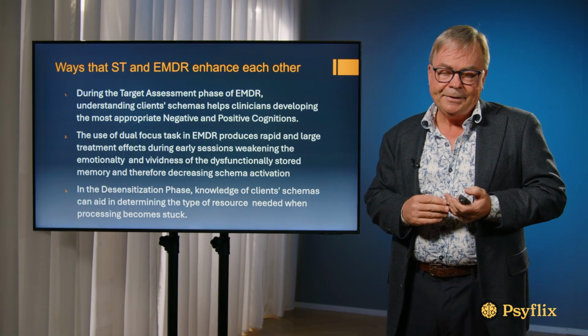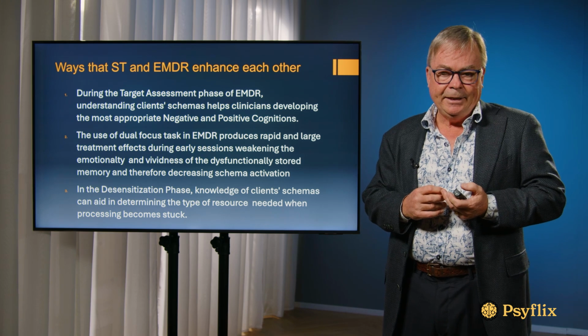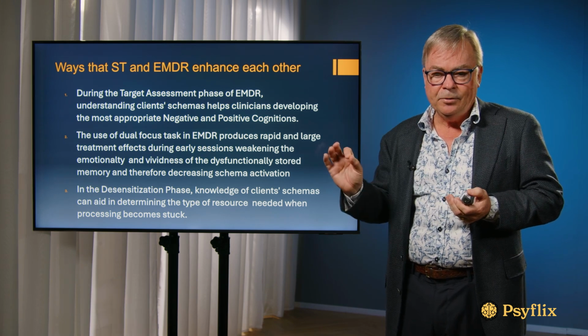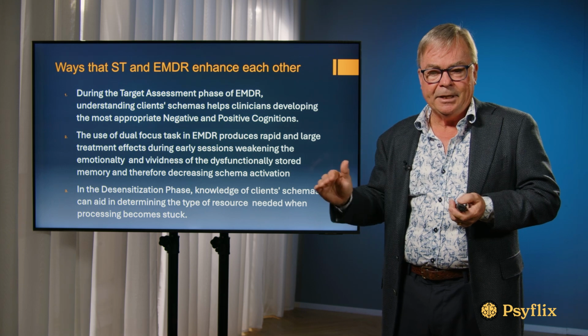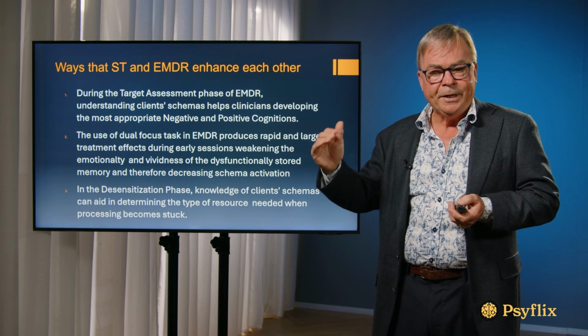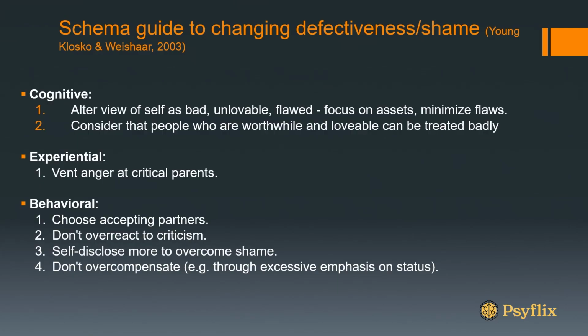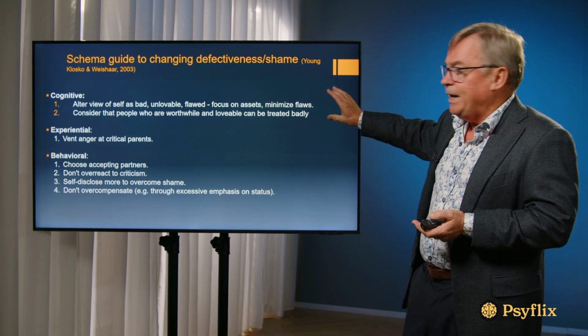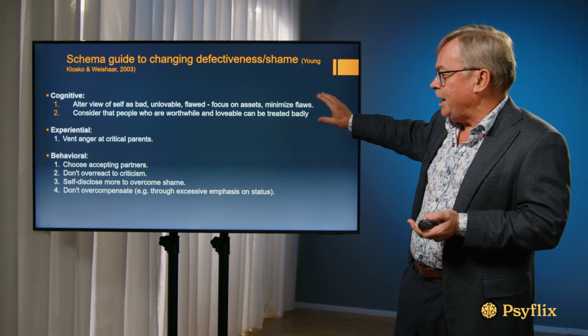Another way that schema therapy enhances your EMDR abilities is that schema therapy can tell you when the processing is stuck in EMDR, what sort of resource am I going to need to facilitate change? So standard text in schema therapy tells us that if someone has defectiveness or shame as a schema, these are the common cognitive antidotes that you're going to use to try and get the schema to change.